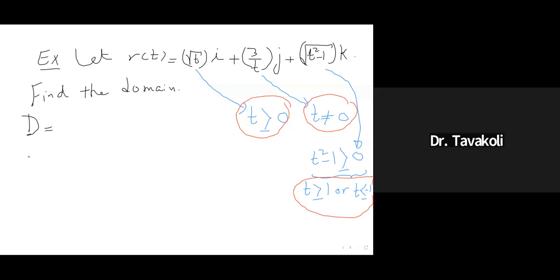We will see that the overlapping of all of these answers is t such that t is more than or equal to 1. This domain satisfies all of these three conditions at the same time.